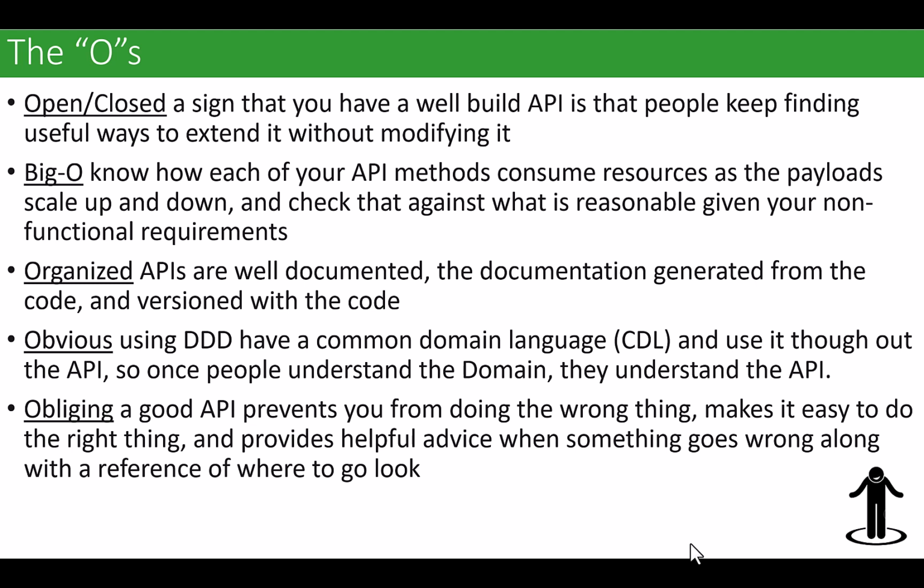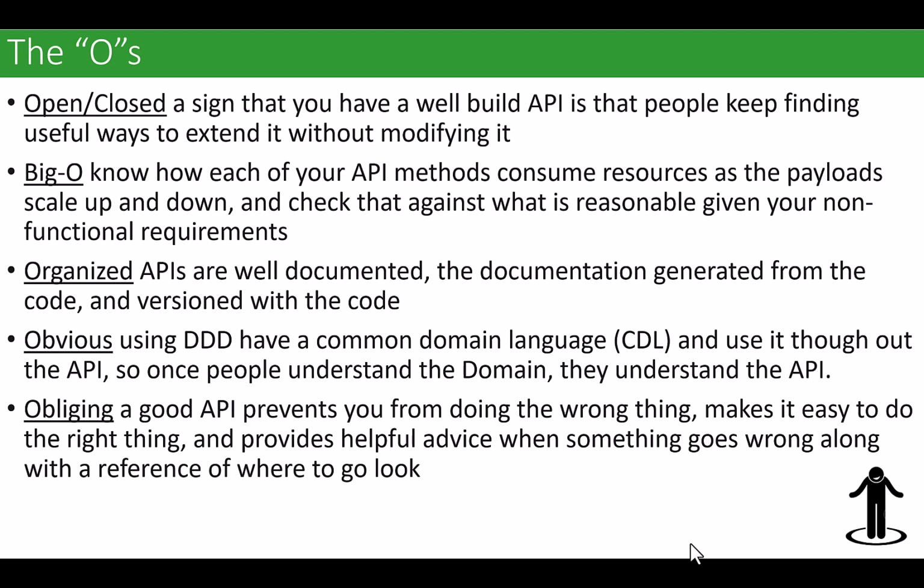And a good organization then results in your API being obvious. Assuming that you started with domain-driven design, and you have developed a common domain language, and you use it throughout the API, and you have documentation because you are organized that expresses that domain, understanding your API should then flow naturally.